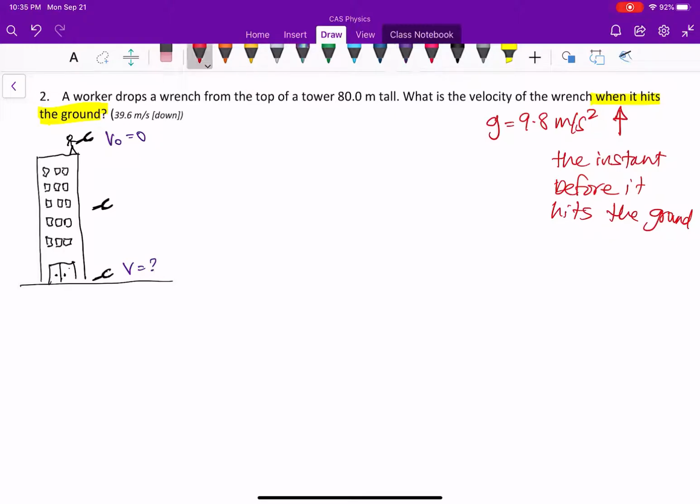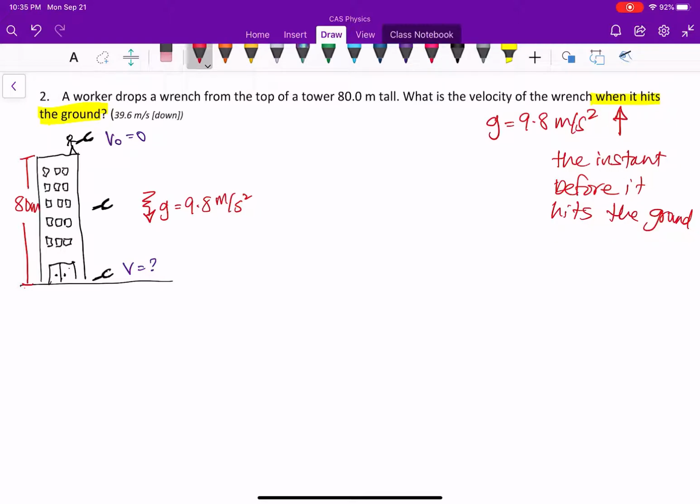We know that it's accelerating, so I'm going to put an a, which is in this case g, equals 9.8 meters per second squared. And we also know that this building is 80 meters high. So we can put that in.